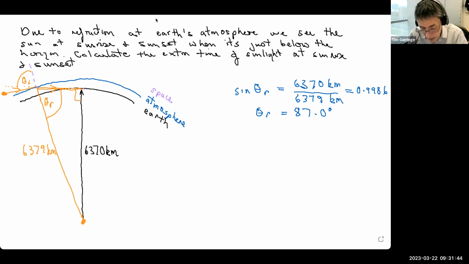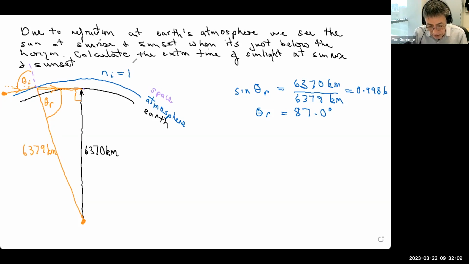To calculate that, we can use Snell's law of refraction. We know the refracted angle. We want to figure out the incident angle. And also, we know the refractive indices of the two media. Let me write them down here. One of them, I call it Ni, the incident medium. That's outer space, that is vacuum, that's empty space.